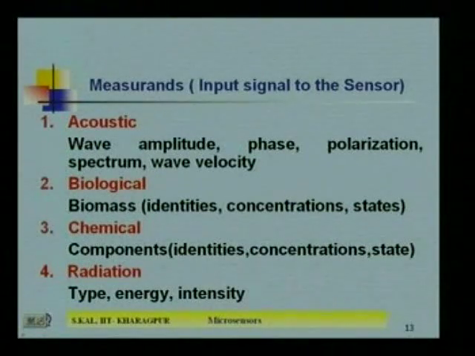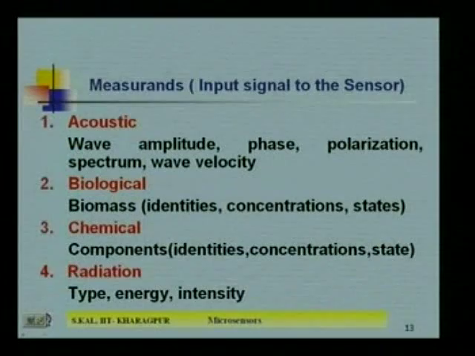The other is radiation, and radiation means which type of radiation, and its energy and intensity. Type of radiation means whether it is an alpha ray or beta ray or gamma ray, or ultraviolet ray, or infrared ray. These are radiation types.